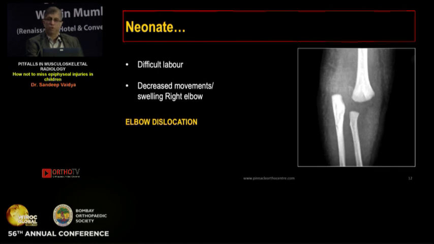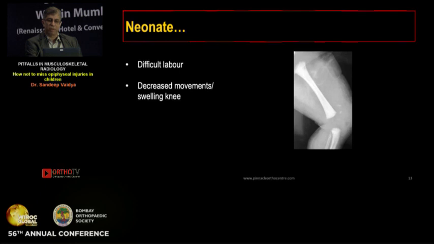However, dislocation of the elbow is not reported in literature. So if we consider that the distal humeral physis is completely cartilaginous, this becomes not an elbow dislocation but a distal humerus physeal fracture.